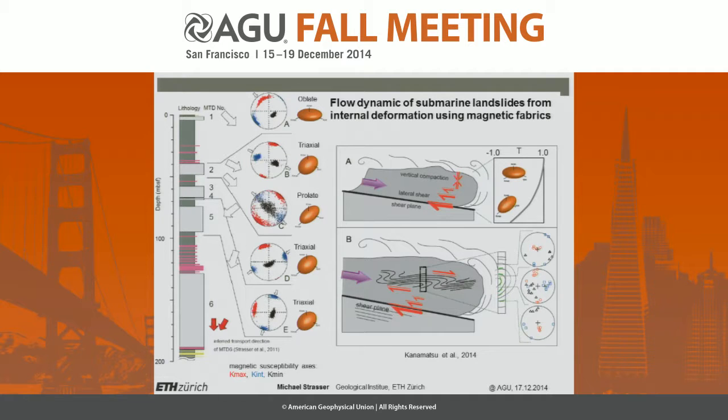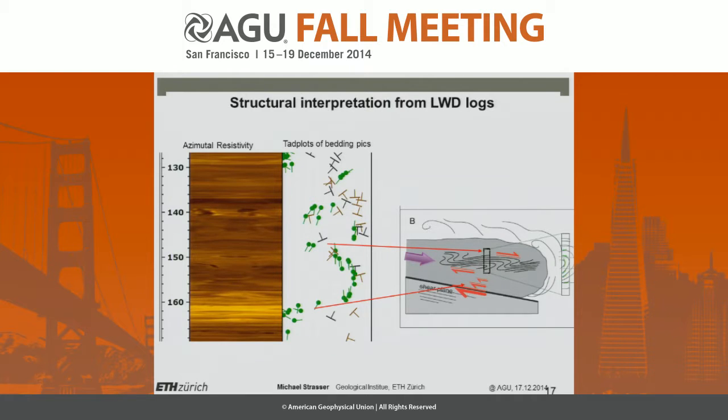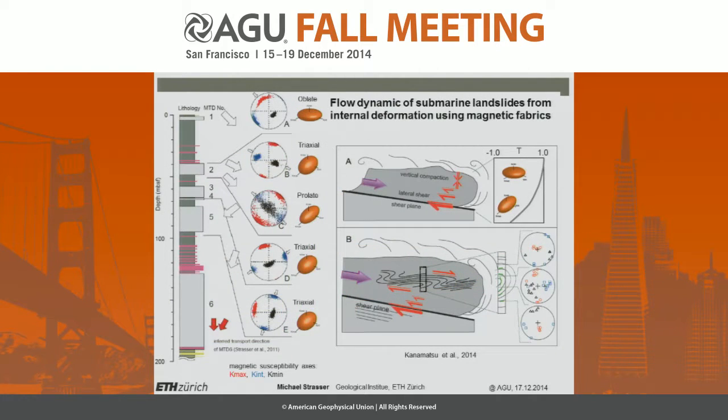And Kanamatsu-san then came up with this interpretation, and he also saw that by having the orientation, we can even get to these folds within an internal mass transport deposit and see the high shear component down here.